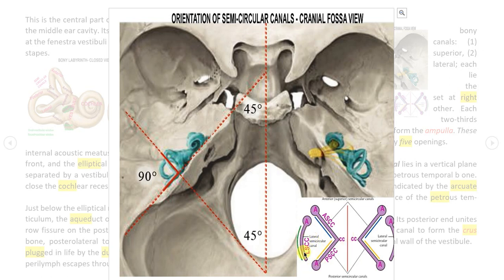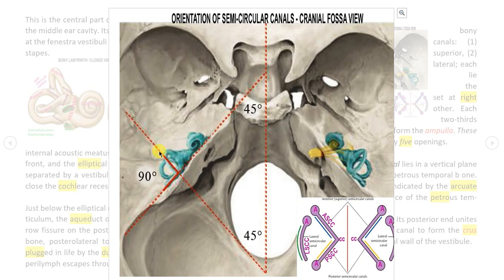So here there is angle of 90 degree between anterior and posterior canal, and if you draw imaginary transverse plane, then it will also form 90 degree angle with the rest of the two. Just like your mathematics class, x axis, y axis and z axis, they all are forming 90 degree with each other.